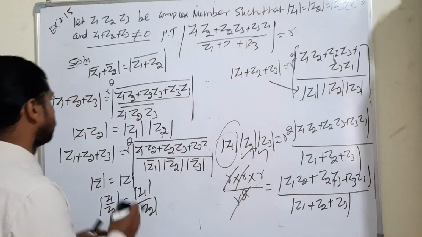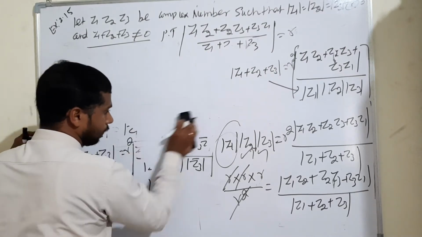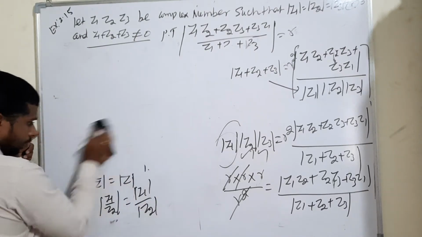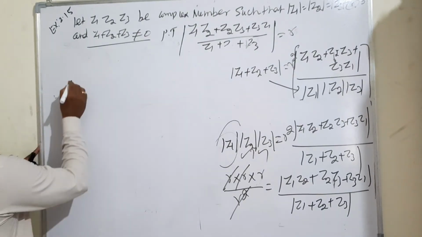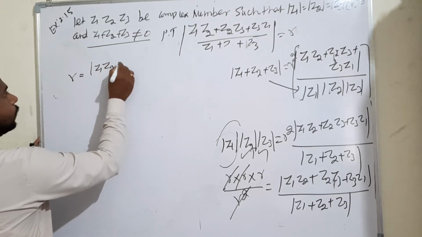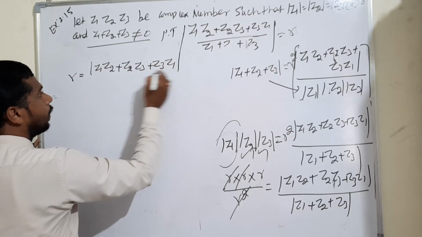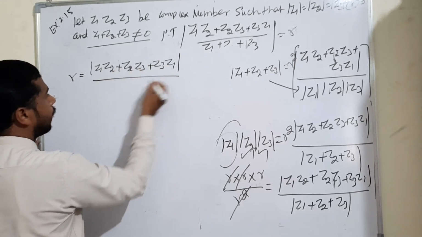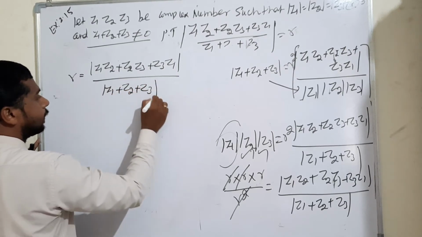After cancellation, R is equal to Z1 Z2, then Z2 Z3, then Z3 Z1, divided by Z1 plus Z2 plus Z3.